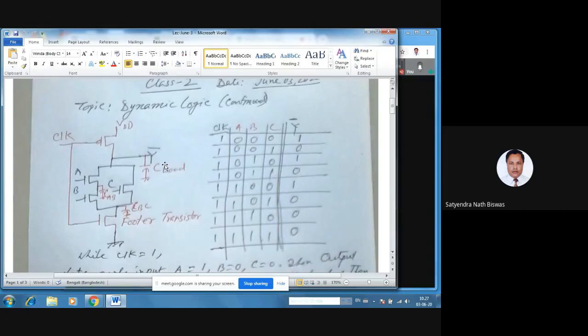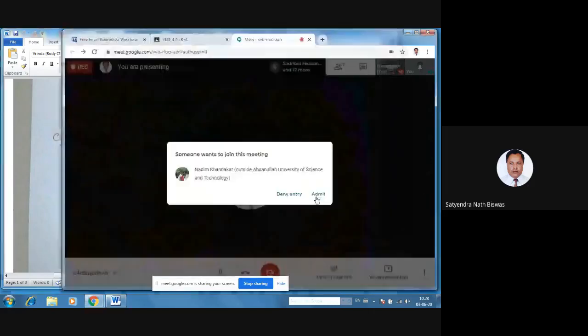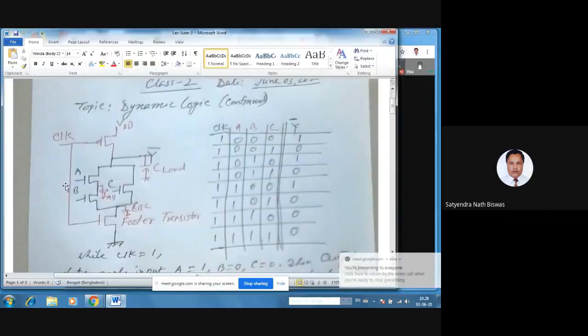If we continue this kind of operation, then after several times, the voltage at the output will be less than 0.5 or less than the threshold voltage. And if it goes below the threshold voltage, then this output will not be considered logic 1 anymore. It will be turned into logic 0. So that is a dangerous condition.